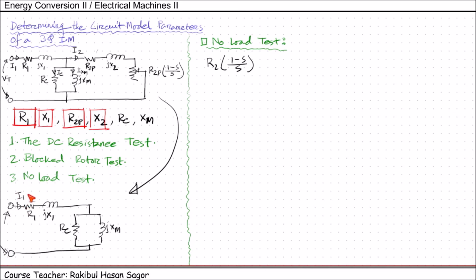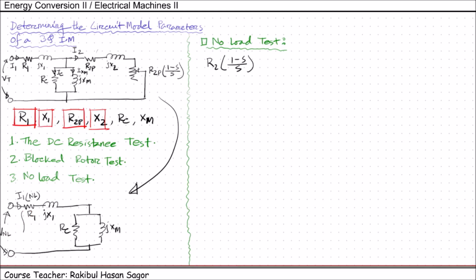So this current I1 under open circuit test, or no load test, we can name it I1 NL. The voltage that will be applied, that is VNL, will be the rated voltage of the motor.